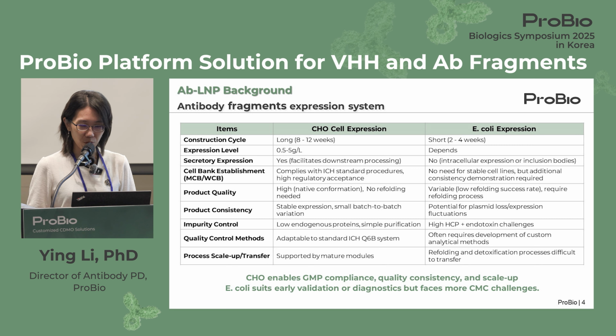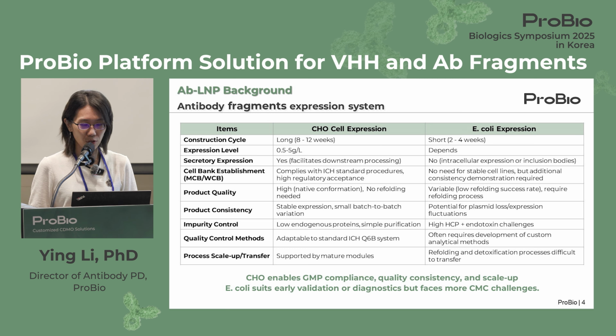And we have to establish a cell bank, including master cell bank and working cell bank, which complies better with regulatory standard requirements compared with E. coli without this establishment of stable cells. And that could also face some consistency issues as we scale up the process.